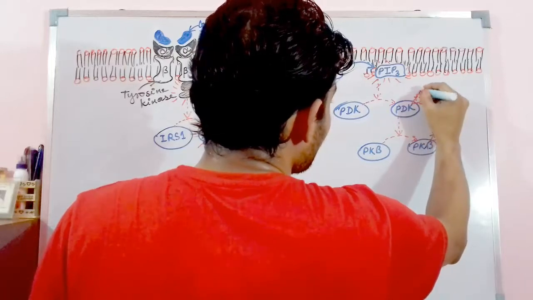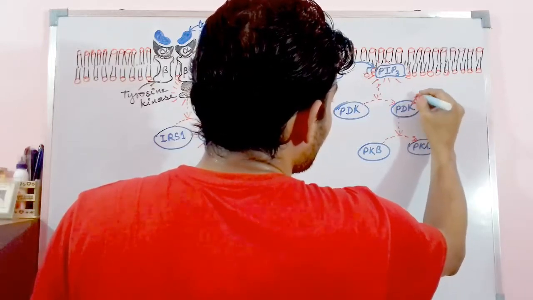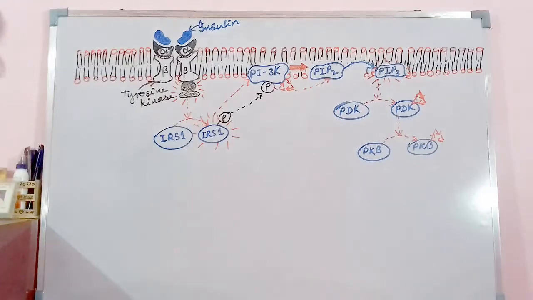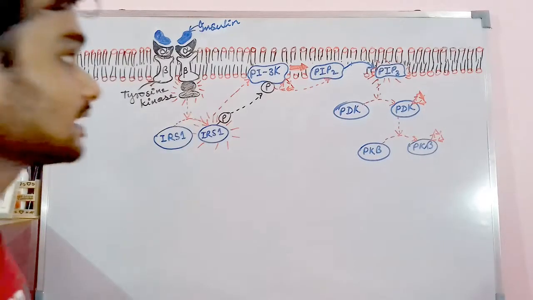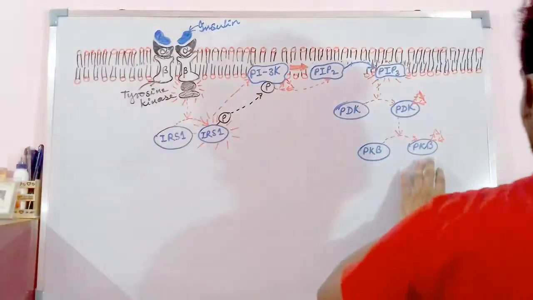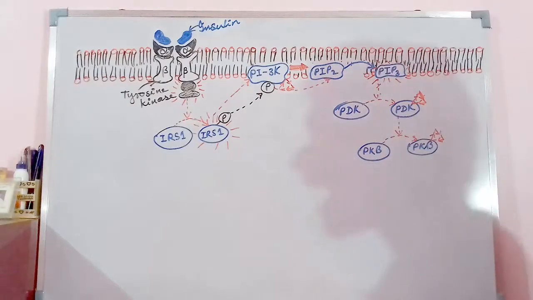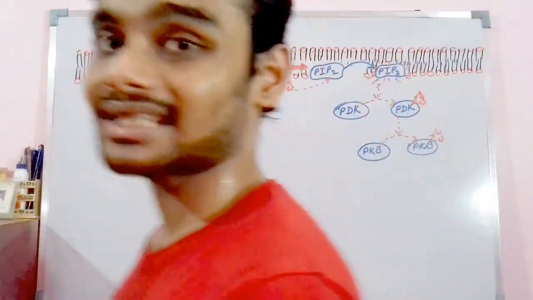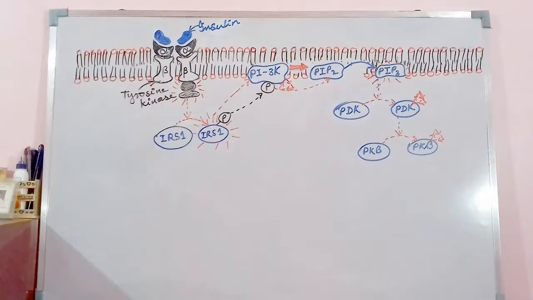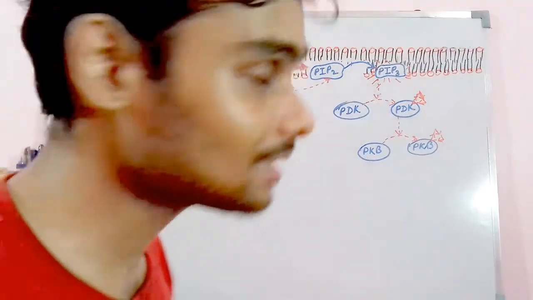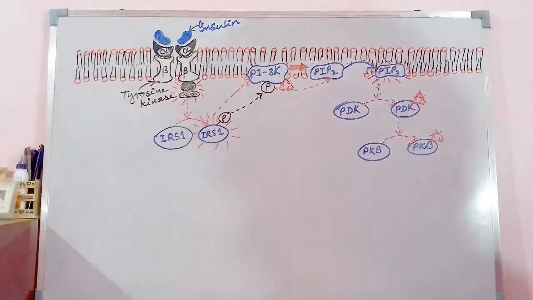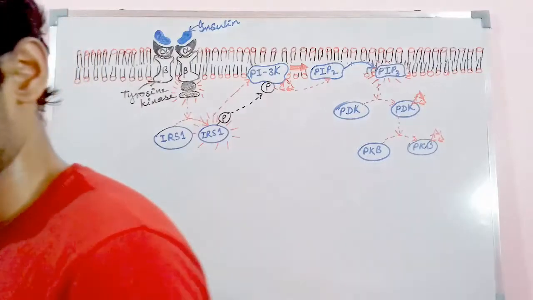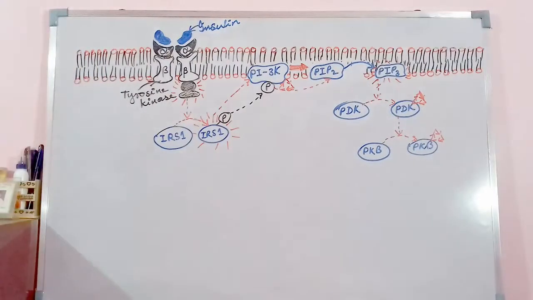Now this activated protein kinase B would help in activating what? Instead of activating, this protein kinase B, on the other hand, would inactivate a particular enzyme.